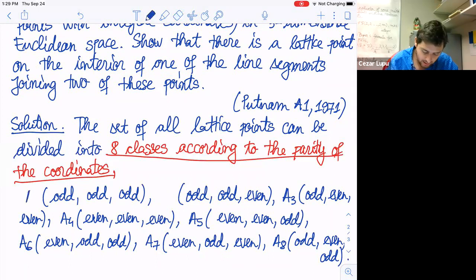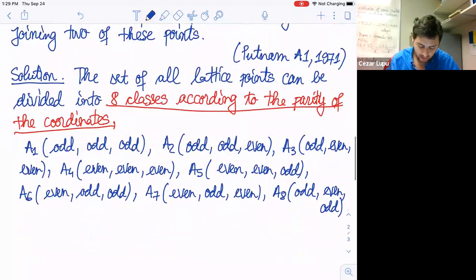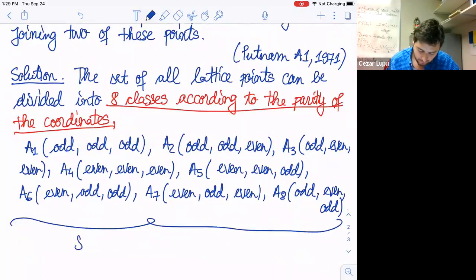Well, let me denote, these are the classes. In fact, these are not the points, right? These are the classes. You have the class A1 of points which have coordinates odd, odd, odd, then odd, odd, even, and so on. There are 8 classes. So these are the 8 classes of lattice points.